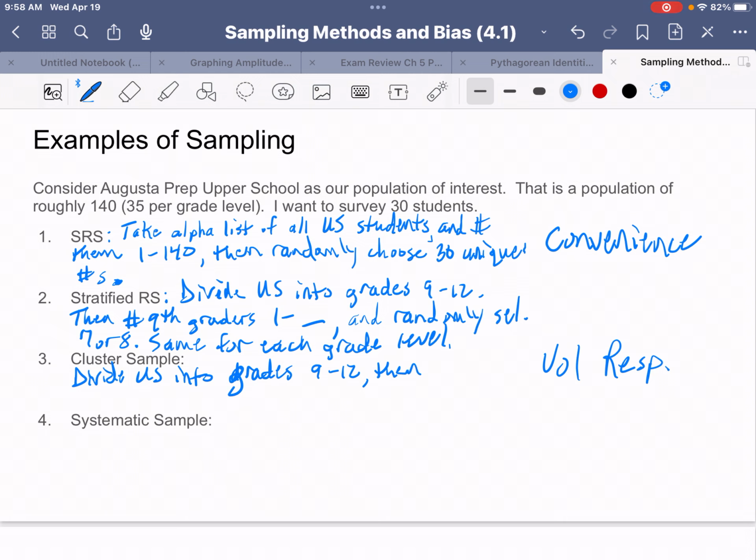Then randomly select a grade level. Survey everyone in that grade.